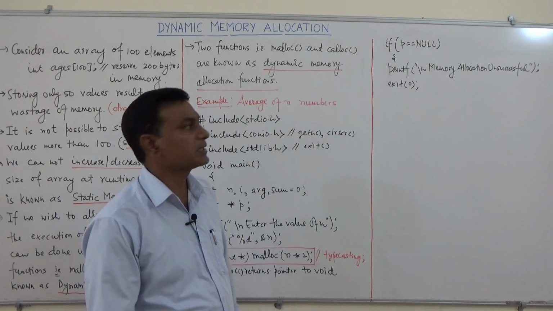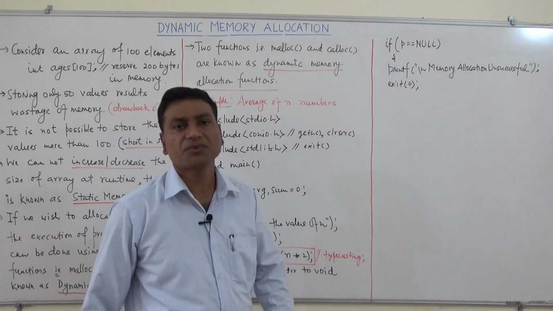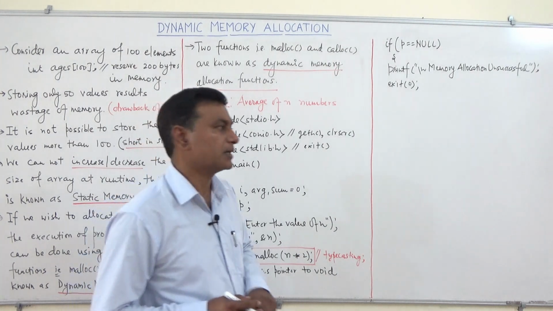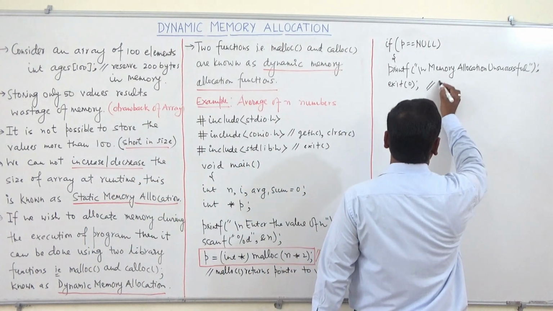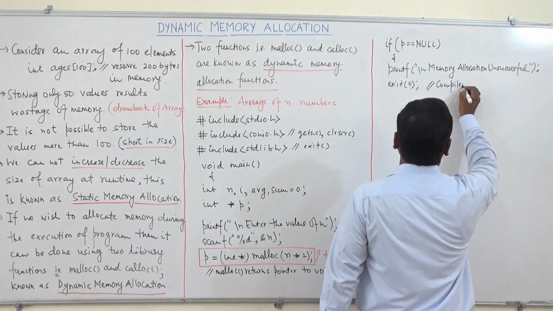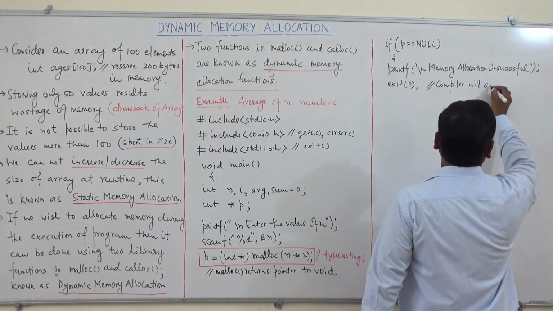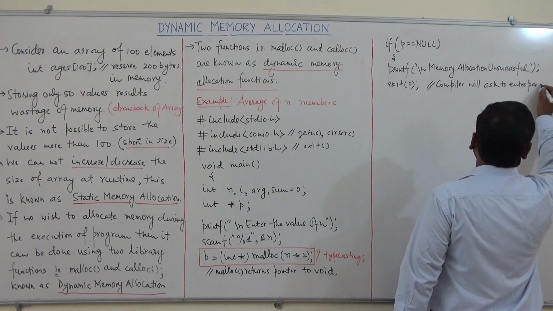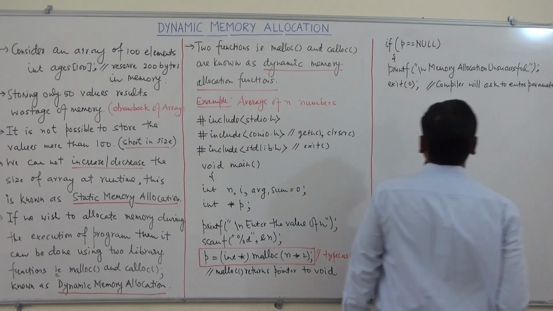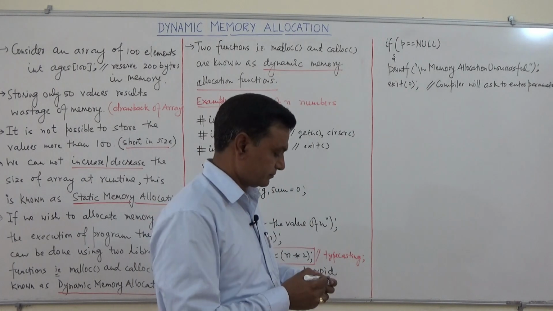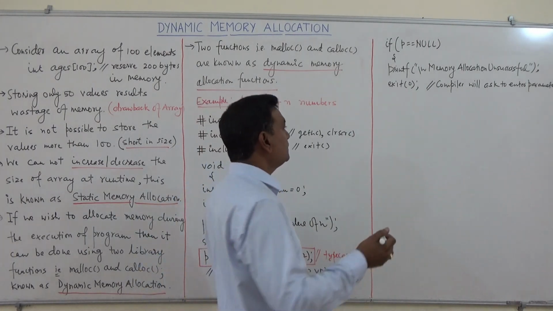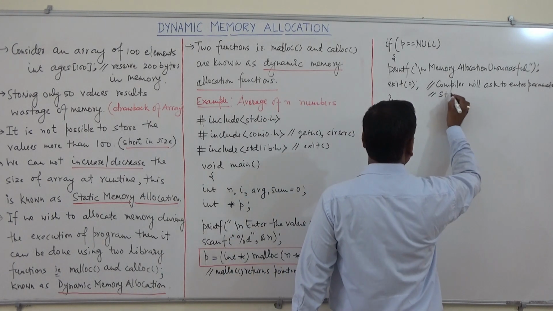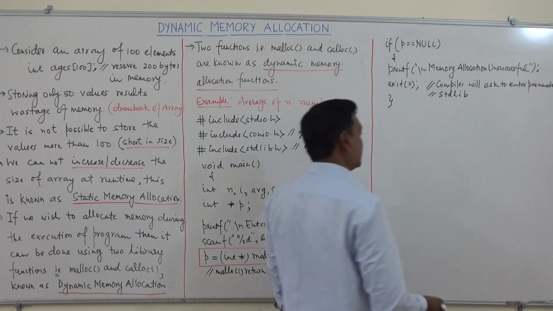It is to be noted that we are using this parameter 0 here because if we do not enter this 0, then the compiler will ask to enter the parameter, otherwise it will show an error. Moreover, this exit is defined in the standard header file.